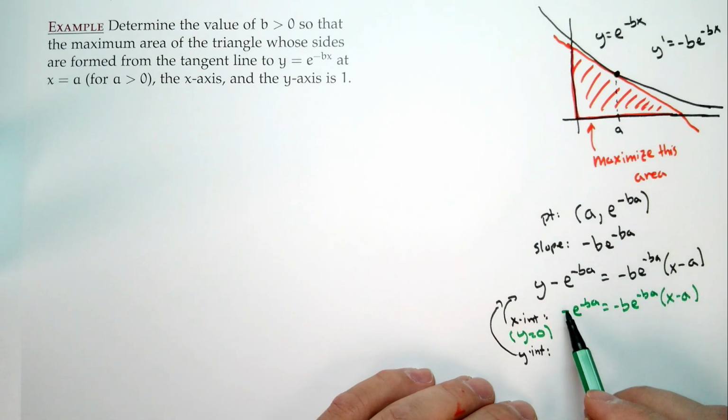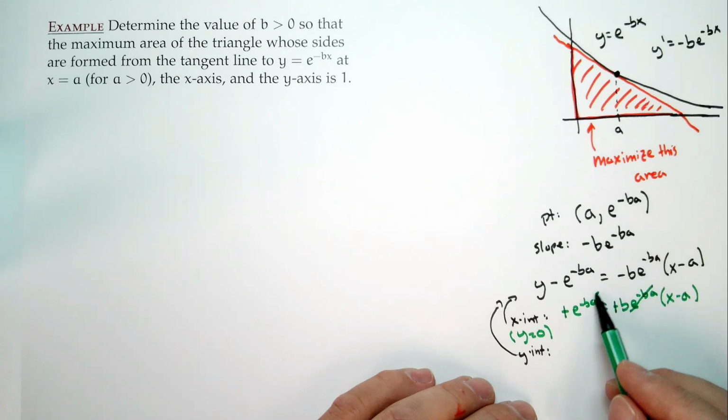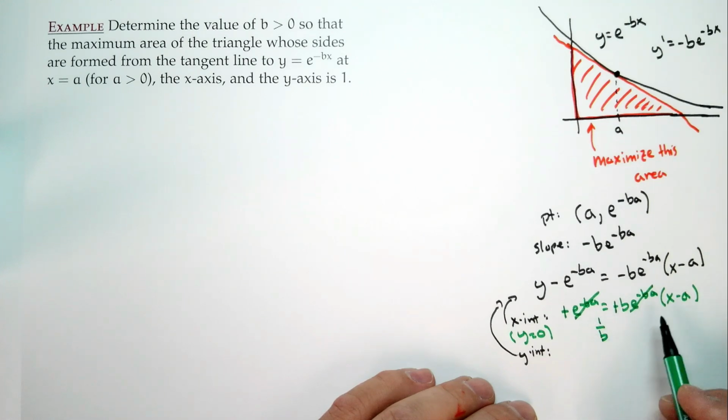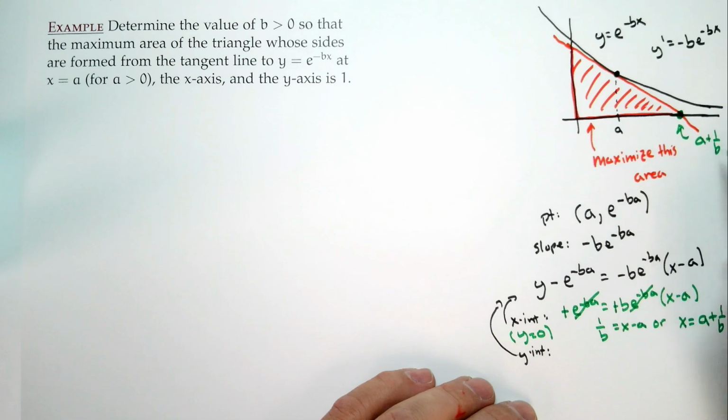Well, I can do a couple of things. I can get rid of the minus, and I can even divide by e to the minus ba, because that's not going to be 0. So that becomes 1 over b, because I can divide now by b, is equal to x minus a, or I can say that x is equal to a plus 1 over b. So that tells us that this point right here is at a plus 1 over b.